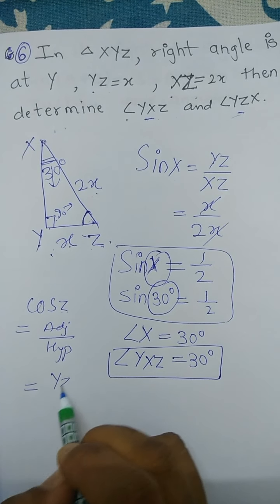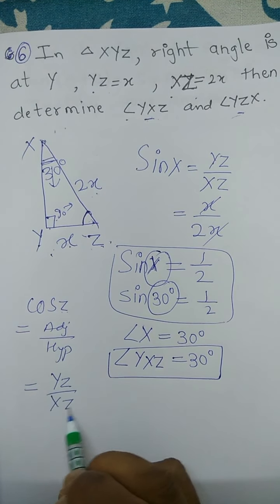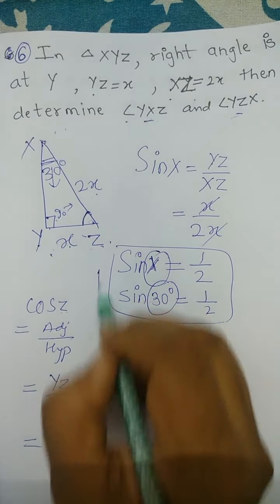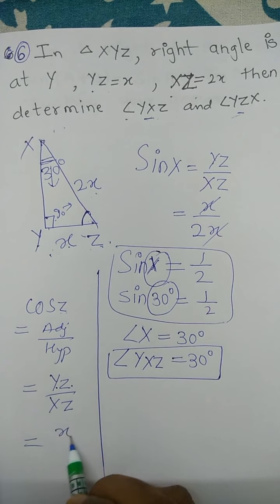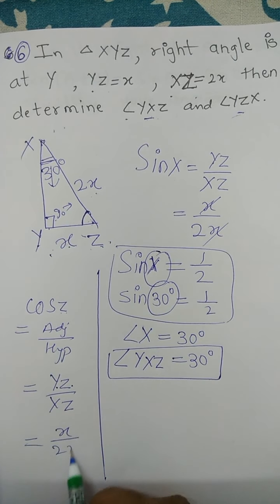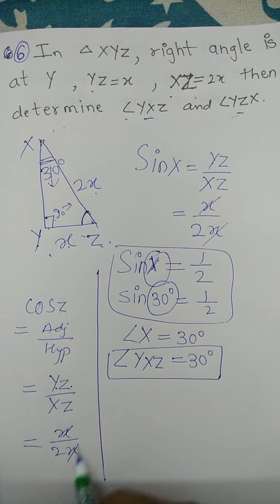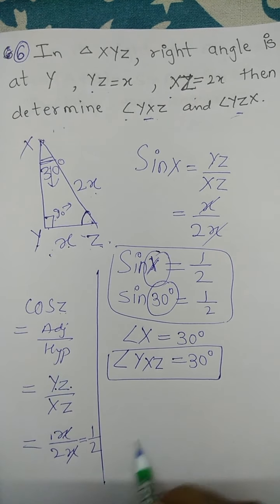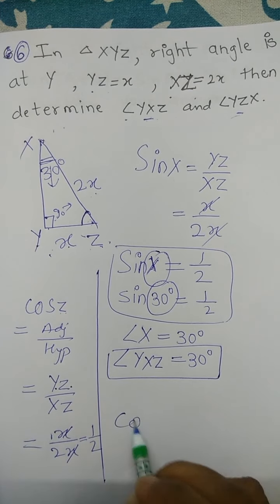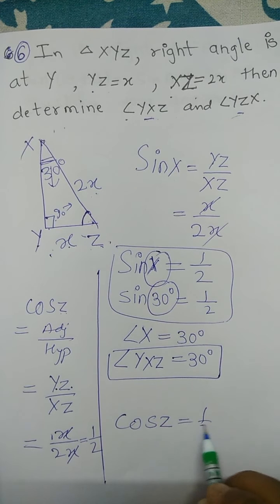Adjacent side is YZ upon hypotenuse XZ. So you will get YZ is x and XZ is 2x. Again the x's cancel, you will get 1 by 2. So cos Z is 1 by 2.